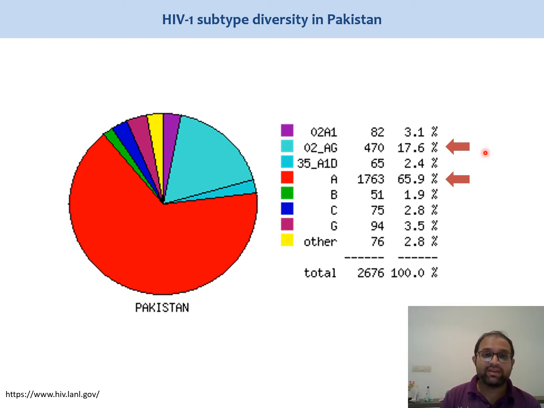So now most of the newer sequences that we are amplifying from HIV patients would belong to 02AG and not A. It might be that we are experiencing a real-time shift from one subtype to another. But A, as we speak, is still the major subtype, followed by 02AG, but there are several other subtypes such as 02A1, B, C, G, and other recombinant forms.